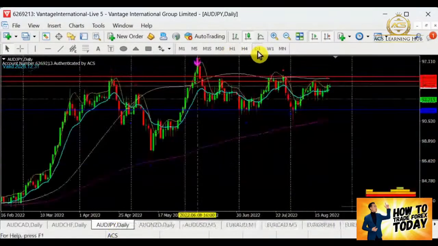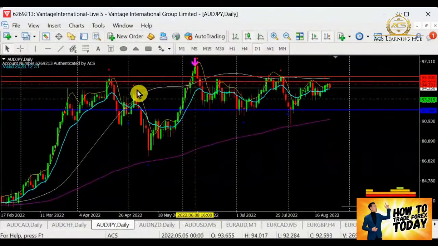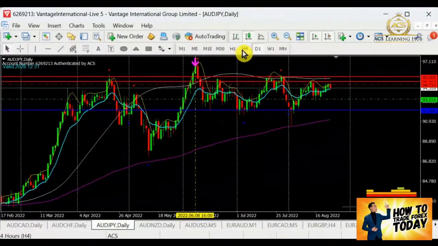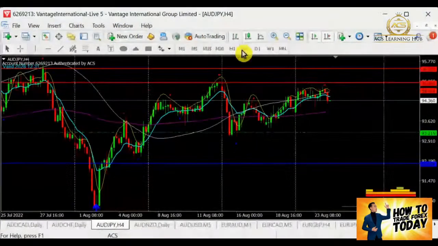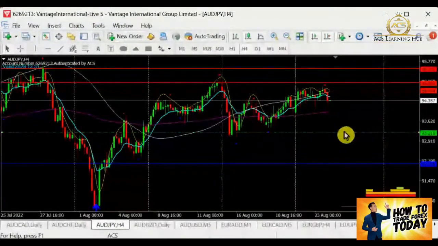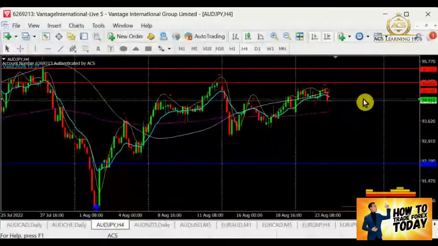Next, Aussie yen. I have my pink arrow on the right side here, so I'm looking out for selling. If there is a selling opportunity, I will be looking out for selling. Today looks like we are heading down in the bear. Currently I'm on the resistance over here, and it seems like the support here is breaking through.